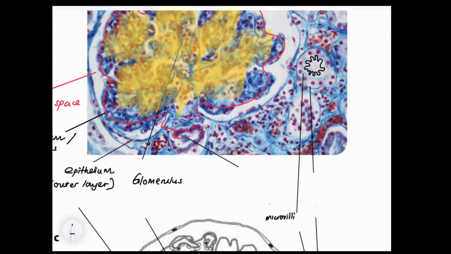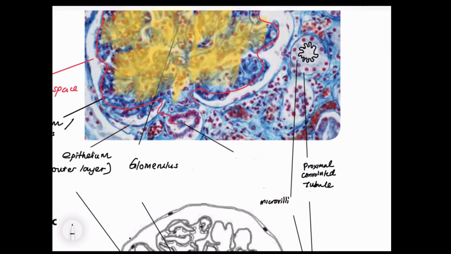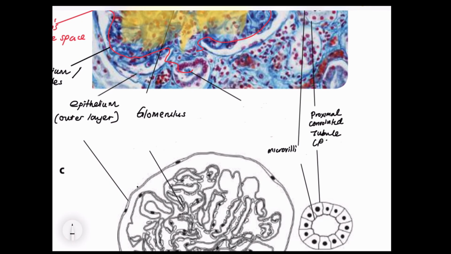So what is the purpose of this? To increase surface area for reabsorption. Therefore, this structure we can identify as a proximal convoluted tubule. In short, it will be known as PCT.